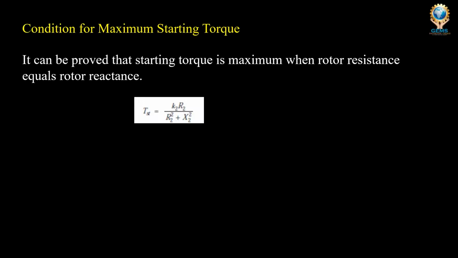The maximum torque condition is that the rotor resistance is equal to rotor reactance. Rotor resistance is R2, and that is equal to X2, the rotor reactance. That is the condition. Anyway, we will derive this.